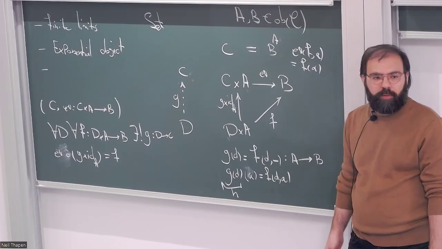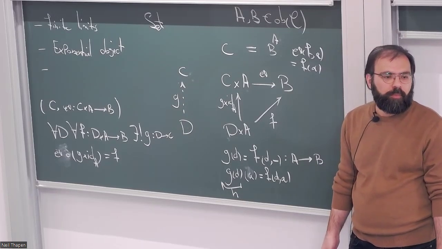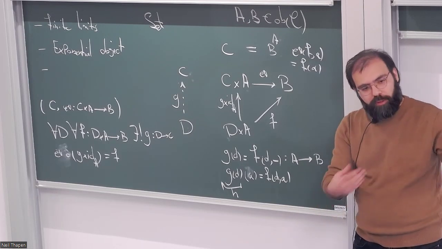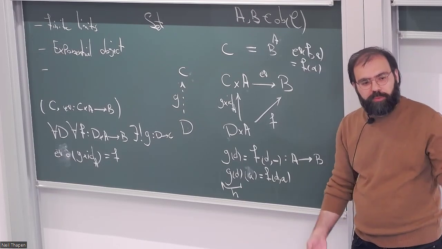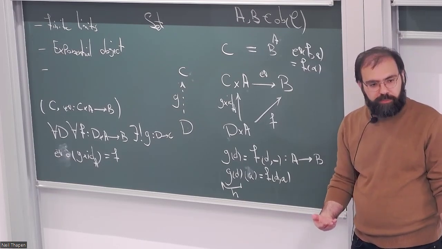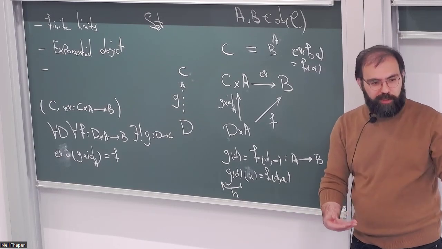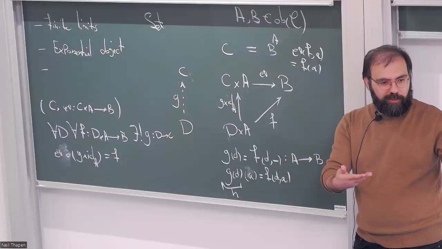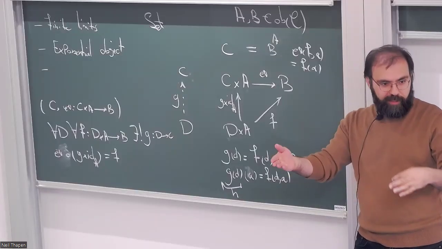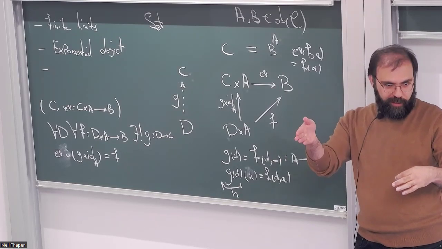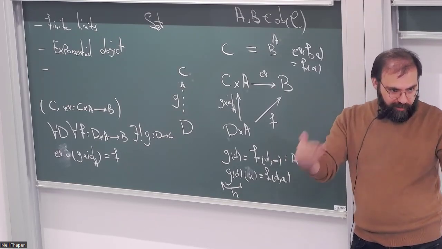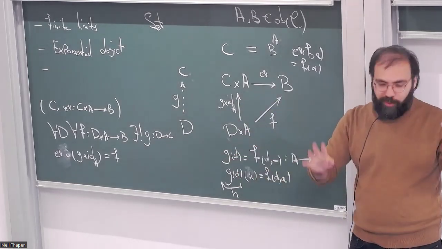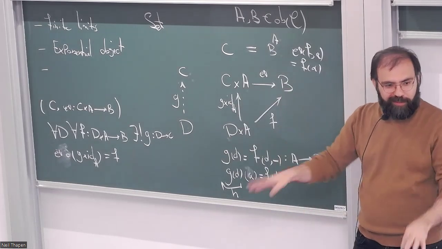Also, you need two data: the object and the witness of the universality. Universal object is not just an object. It is the object plus the witness of the universality, meaning that you show that your F is hom of something. That something is the universal object, and the natural isomorphism between them is also important. So natural isomorphism translates to the morphism, and you can never kill the morphism. It's always there in different forms.